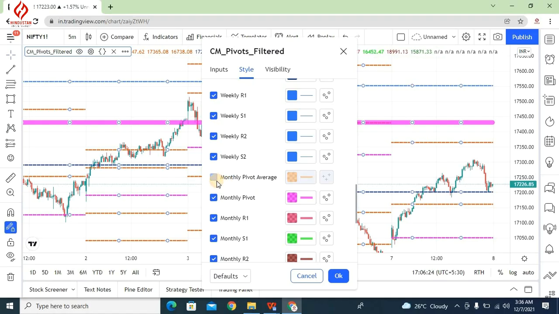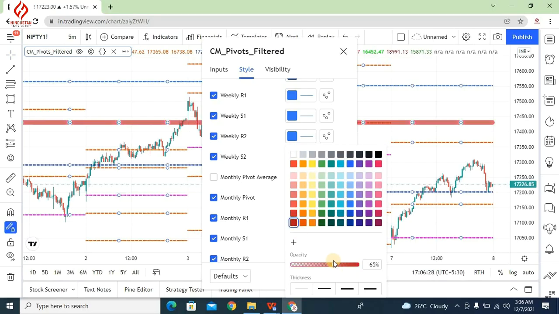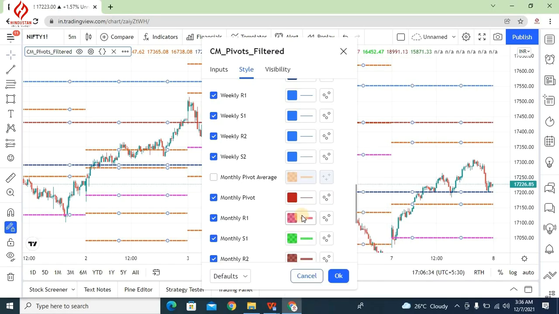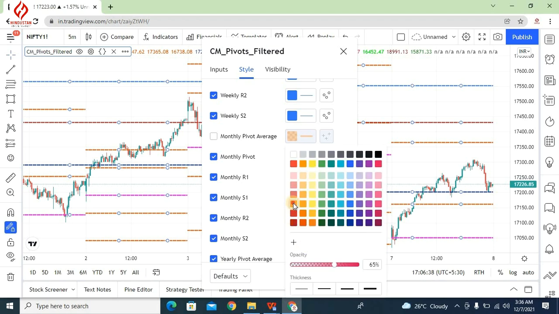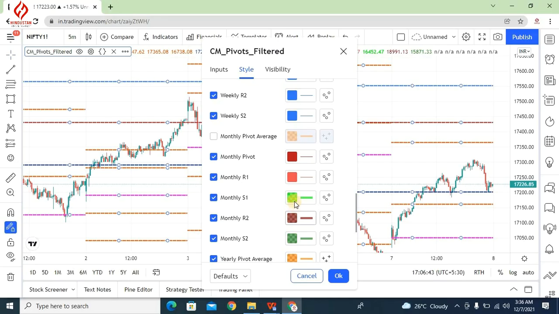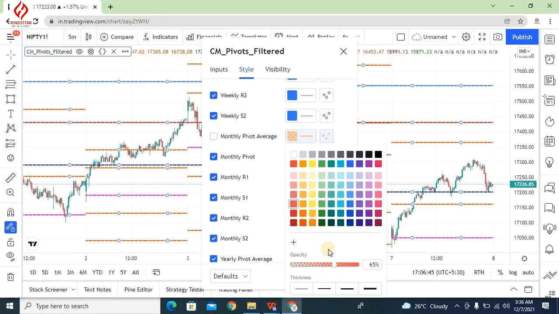And we don't want this monthly pivot average. For monthly pivot I am selecting red color, make opacity 100%, thickness first one. And for monthly R1 S1 R2 S2 I am selecting this light red color. Do the same for the remaining monthly pivots.